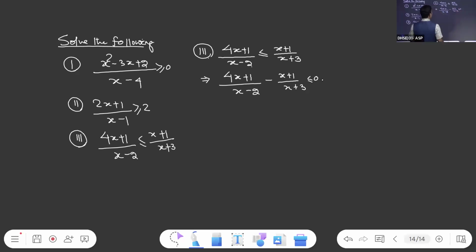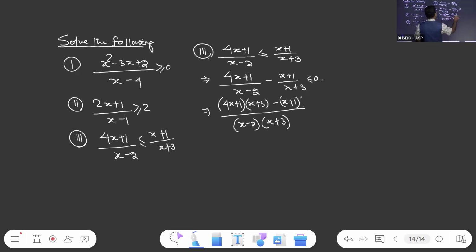Right? Then take the LCM. 4x plus 1 into x plus 3 minus x plus 1 into x minus 2 less or equal to 0.